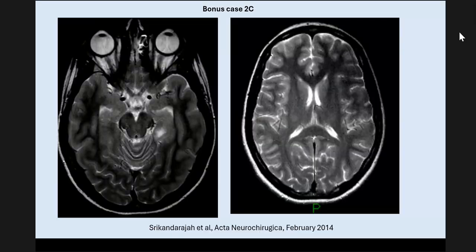This was a case which we had published as a case report somewhere, and this was a young woman. I think she was in her early 30s, and the eagle-eyed amongst you have probably already identified the abnormality, which is here in the left mesial temporal region, and the rest of the brain was completely normal.